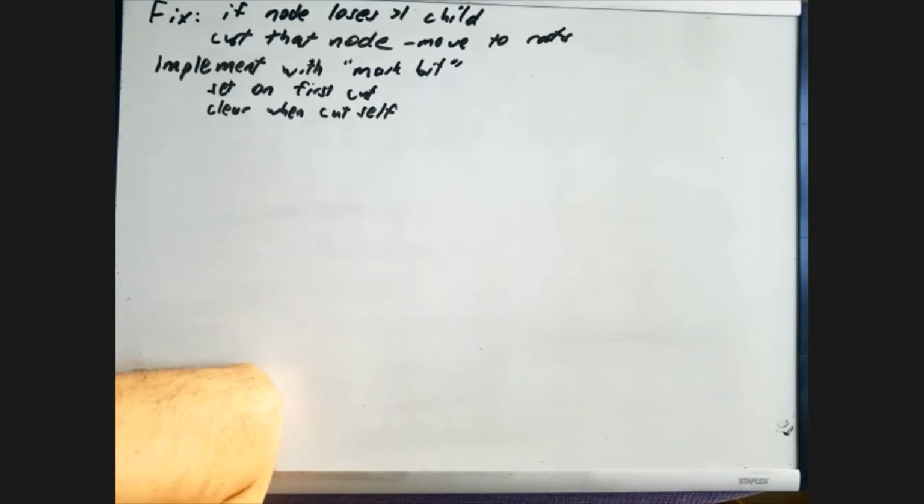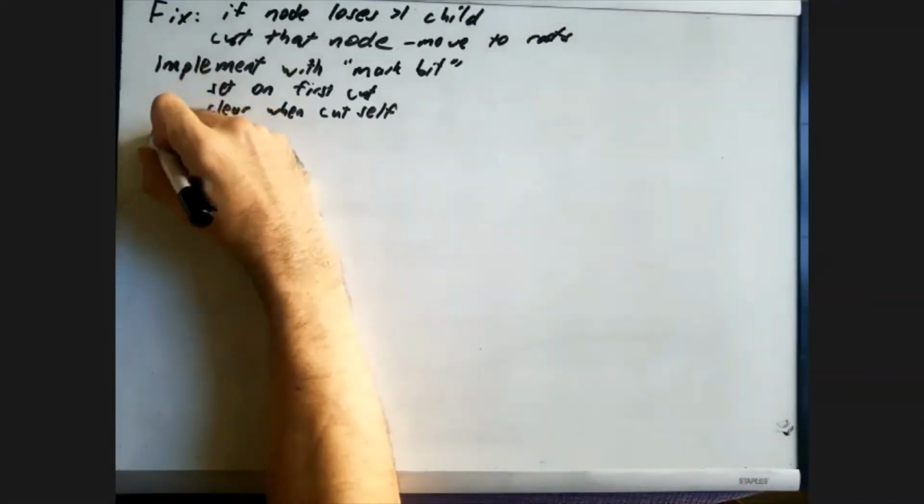And so the intuition about why this ought to be okay is that if we ensure that a node only loses one child before we take it away, then all the nodes in the tree are going to have all but one of their children, and that ought to make the tree big. We're going to have to formalize that.